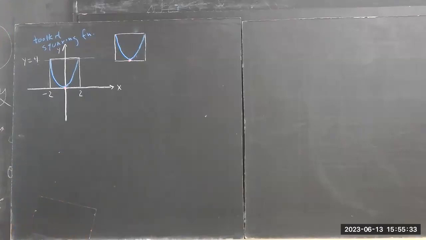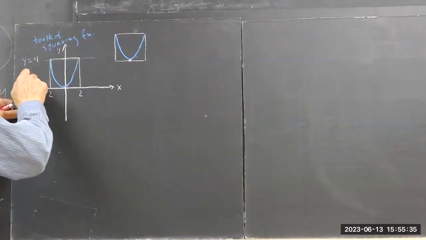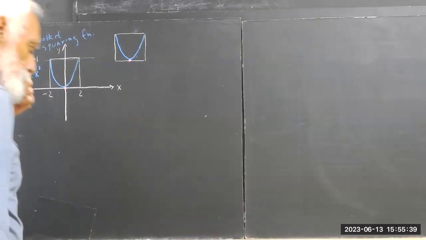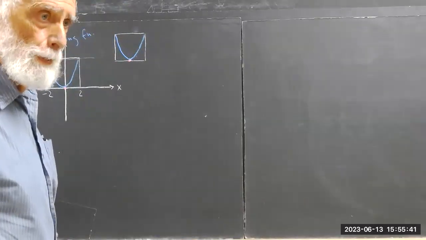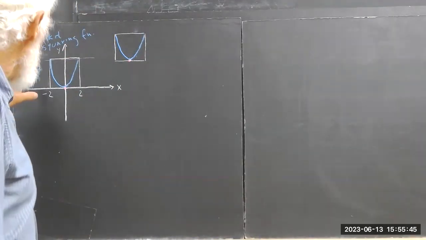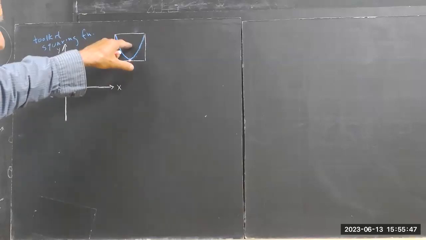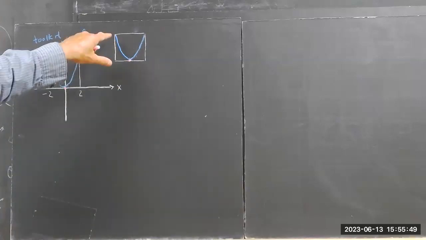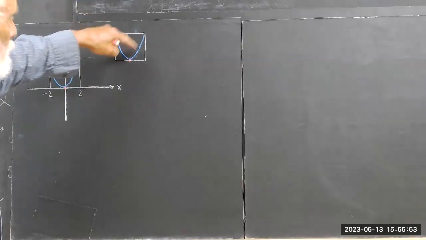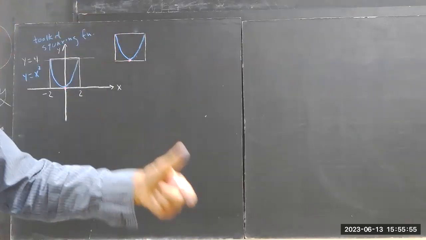Okay. So this graph is the graph of y equals x squared. Well, this graph is a function. Okay. There's an algebraic way of writing an equation that represents this graph. Y equals something.